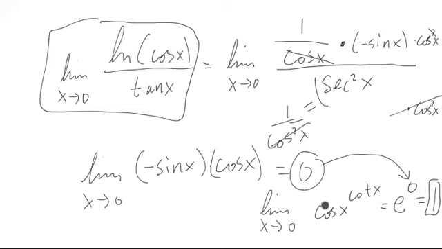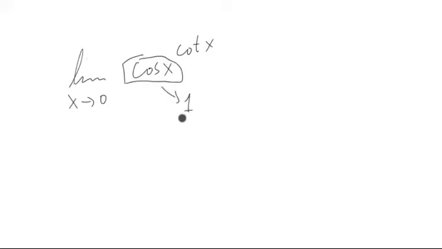Now let's just think about what this looks like originally. So if we have, as x approaches 0, the cosine of x raised to the cotangent x. As x approaches 0, this guy is going toward 1, and the cotangent is actually heading off to positive infinity.